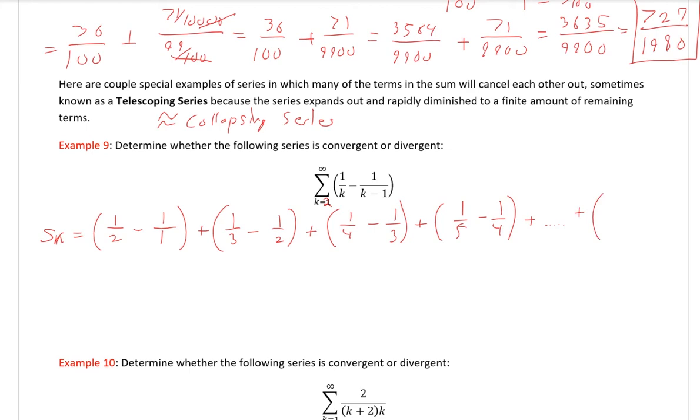The last two terms, if I look at k minus 1, I'd have 1 over k minus 1 minus 1 over k minus 2. Give myself some more room here. And then the last term will give me, if I just plug in k, 1 over k minus 1 over k minus 1.